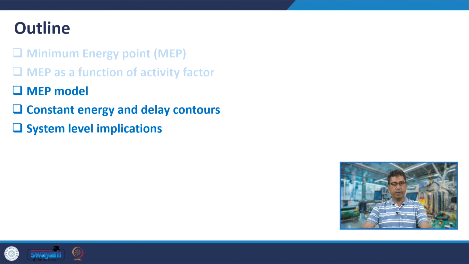We will continue from there, and also we will discuss what is the optimum threshold voltage, and we will discuss the constant energy and delay contours and how we find out minimum energy for a given speed, and we will discuss the implications of system level decisions on minimum energy point.